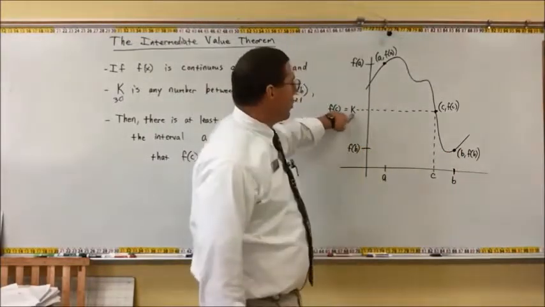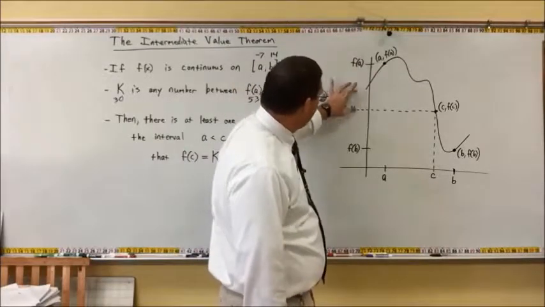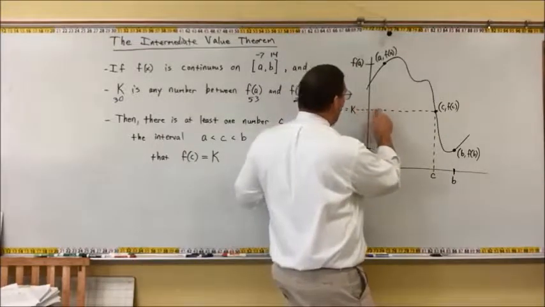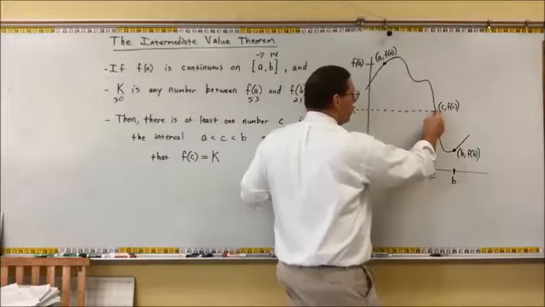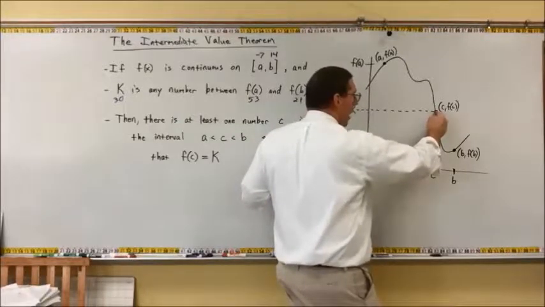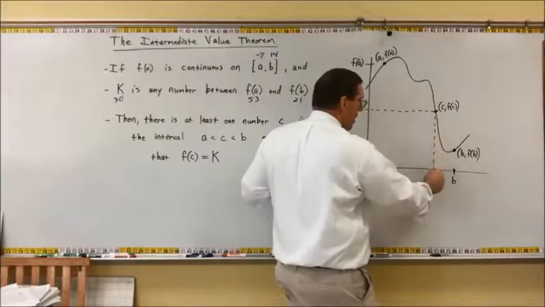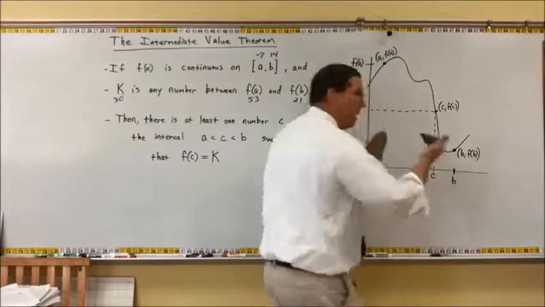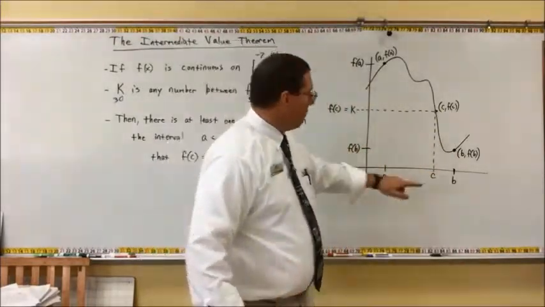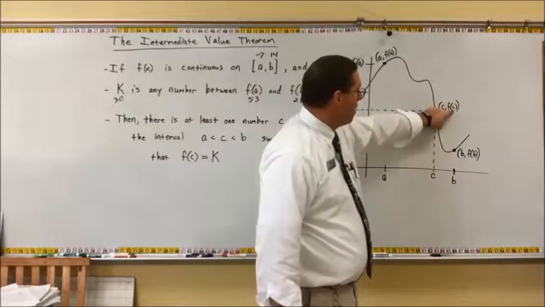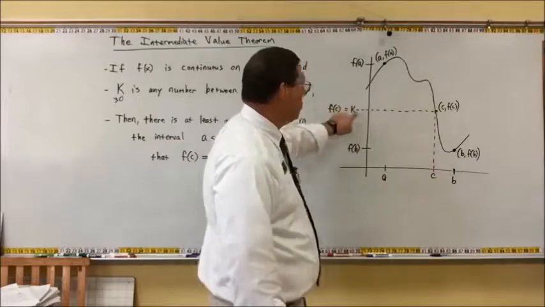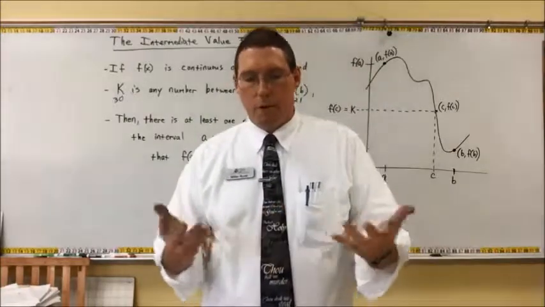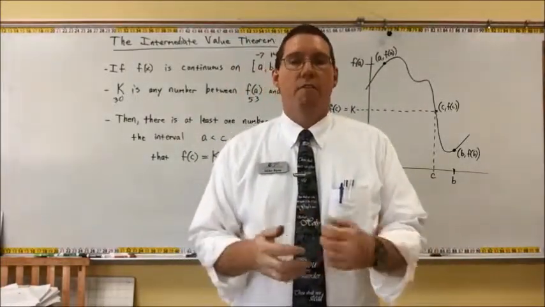And then if I'm given some arbitrary value k, if k is between f of a and f of b, then I can follow k across and hit the function and then go down, and that x value that plugs in to give me this k value is going to be between a and b. Has to be. Okay? And if I plug this x value in, I get f of c, and f of c is equal to k.